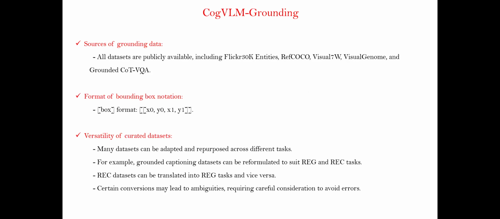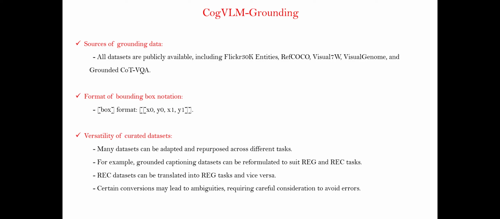They considered various sources of grounding data like Flickr30K Entities, RefCOCO, Visual7W, Visual Genome, and grounded CoT-VQA, which are publicly available and open source.